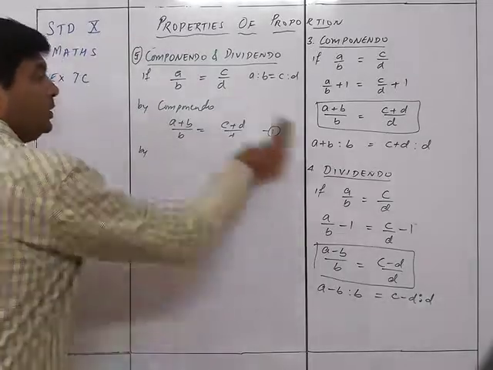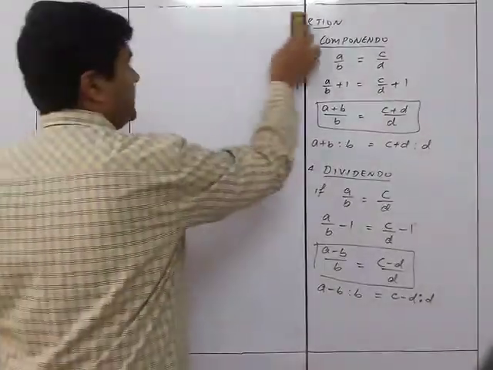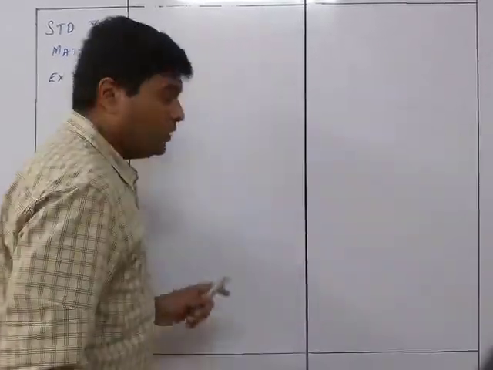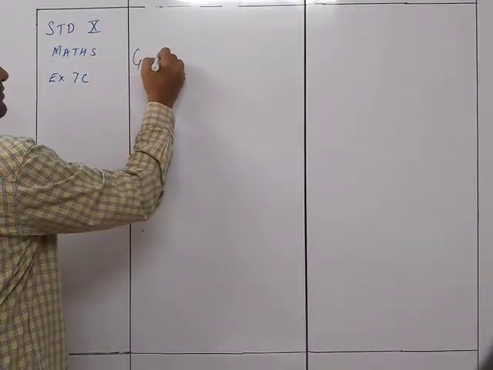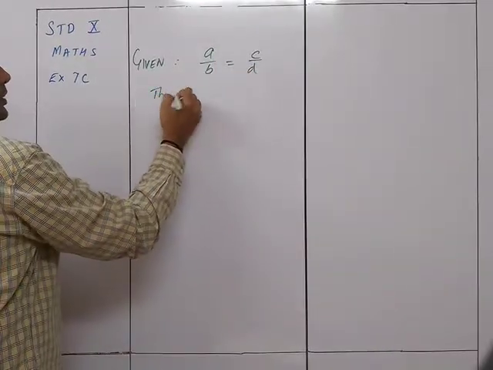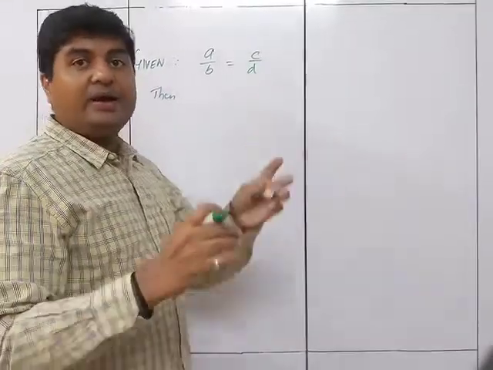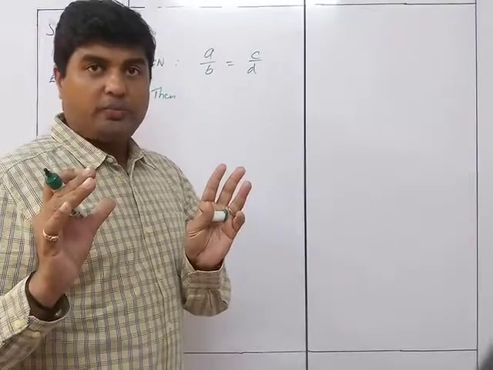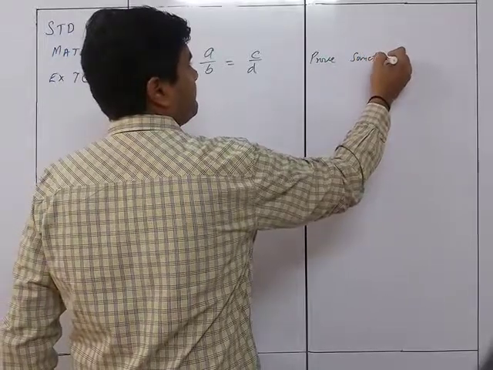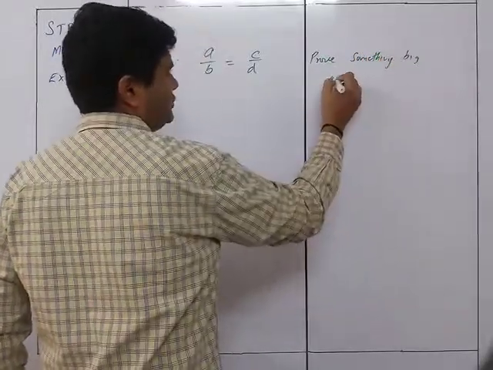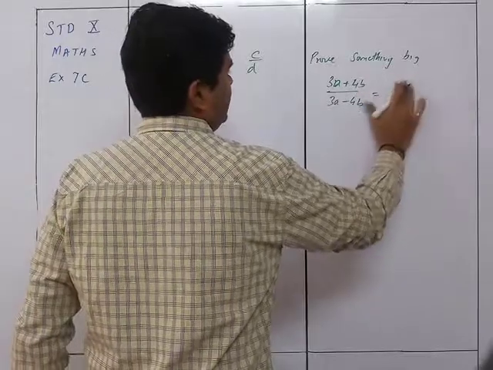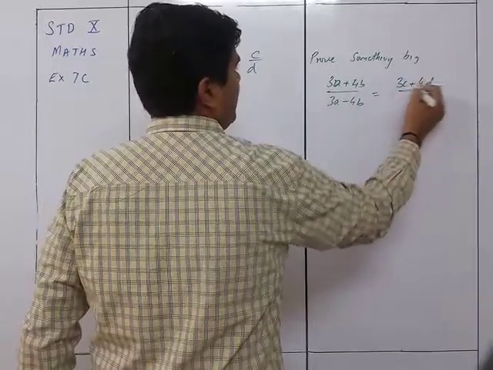One is the one in which, if the given is A upon B is equal to C upon D, and you are asked to prove something big, like 3a plus 4b upon 3a minus 4b is equal to 3c plus 4d upon 3c minus 4d.